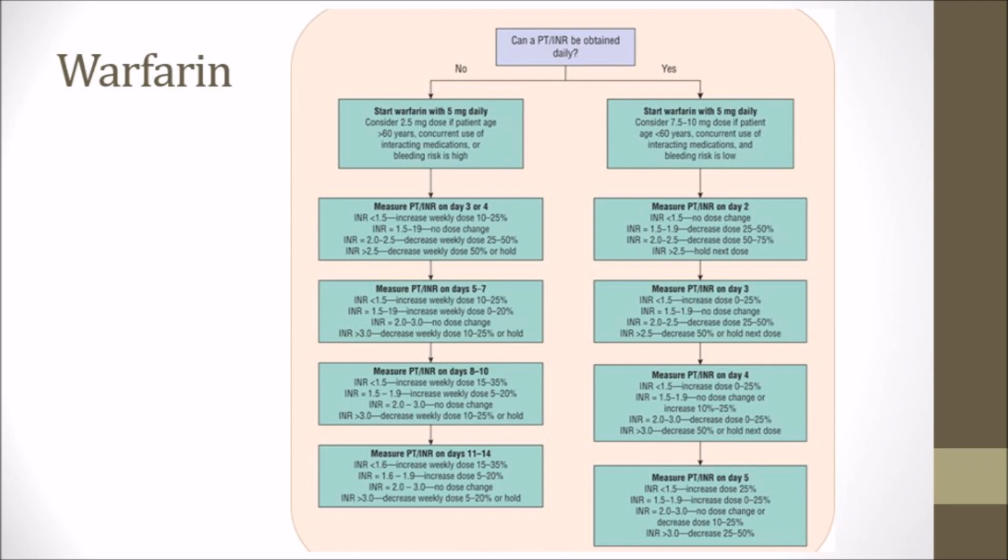Many locations will have a Coumadin clinic or warfarin clinic that can monitor patients, and many patients go in for INRs weekly, but when initiating warfarin, it's important that patients are monitored very frequently to get them to their target dose.